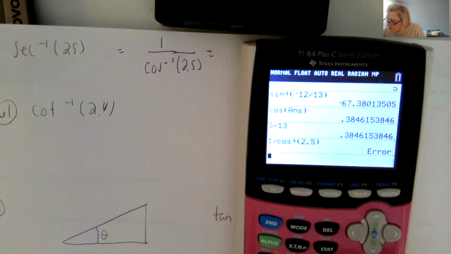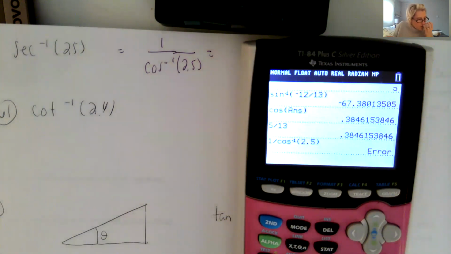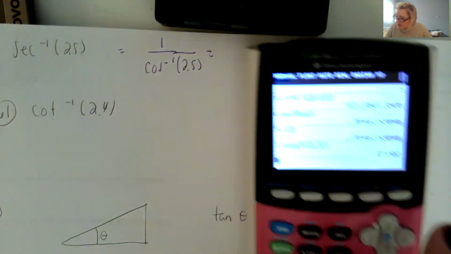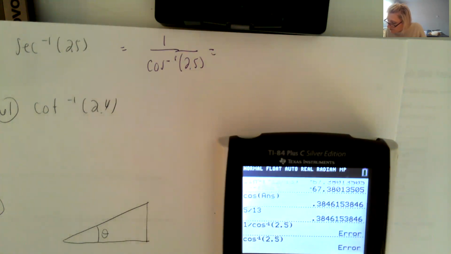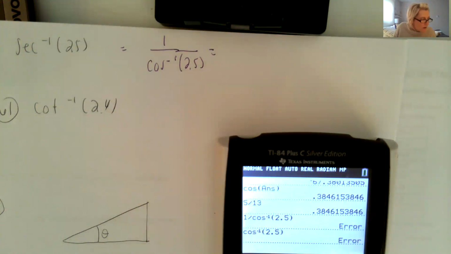Oops. Oh, cosecant is sine. Secant is cosine.